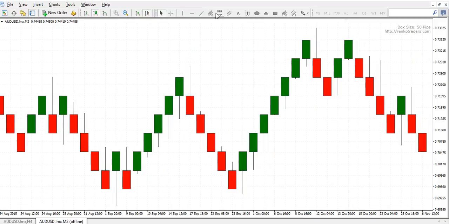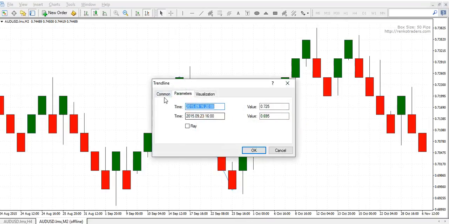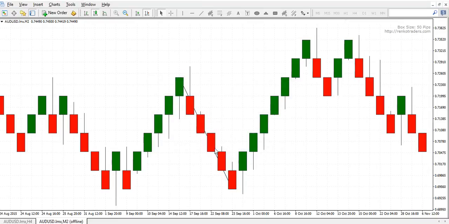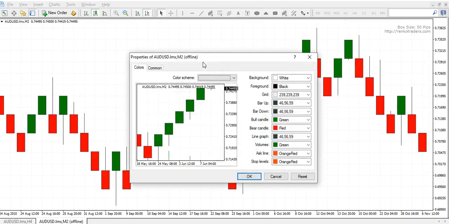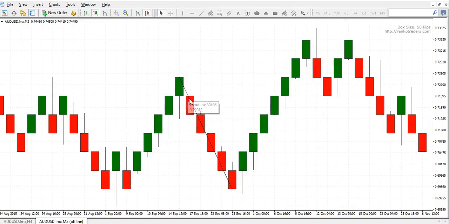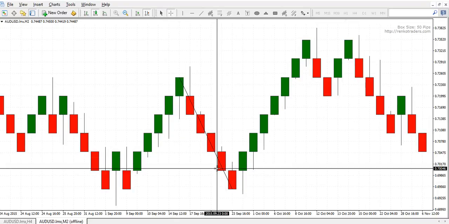When you have a trend, let's take a look at this example. Prices are in a downtrend. As you can see, you've got 1, 2, 3, 4, 5 bars that have been falling sharply.